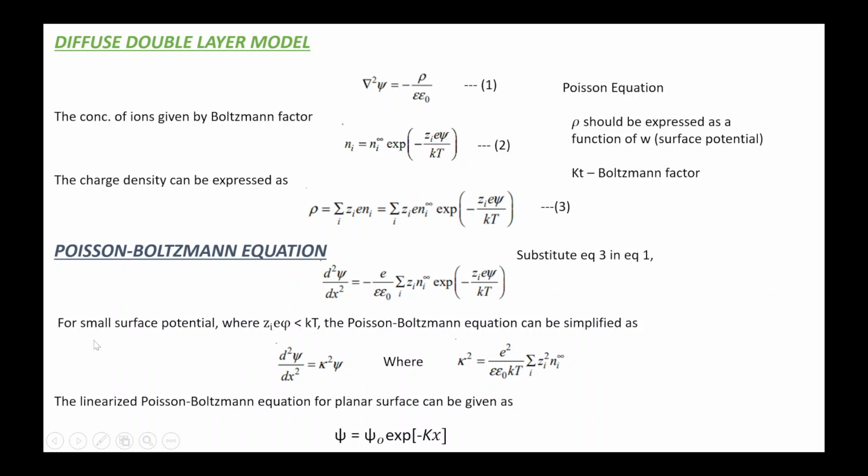We took the value of psi as very small, so that this expression can be written as something like what you see here, kappa square equals e square over epsilon naught kT times Zi square Ni at infinity.